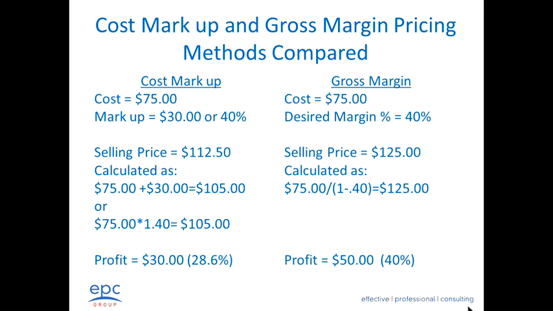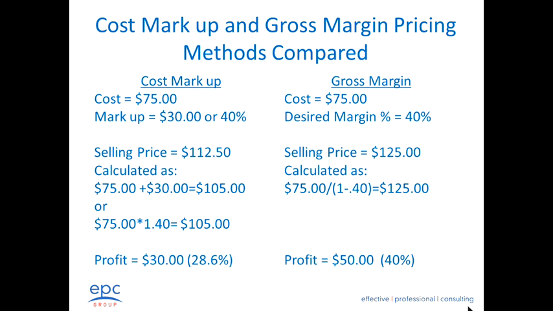On the left-hand side, it shows you the cost markup model. This is where our cost is $75, and our markup is 40%, or $30 in this particular case. So our selling price would be $105. How that's calculated is the $75 cost plus the $30, or 75 times 1.4, so 1 plus the 40% to come up to a multiple of 1.4.